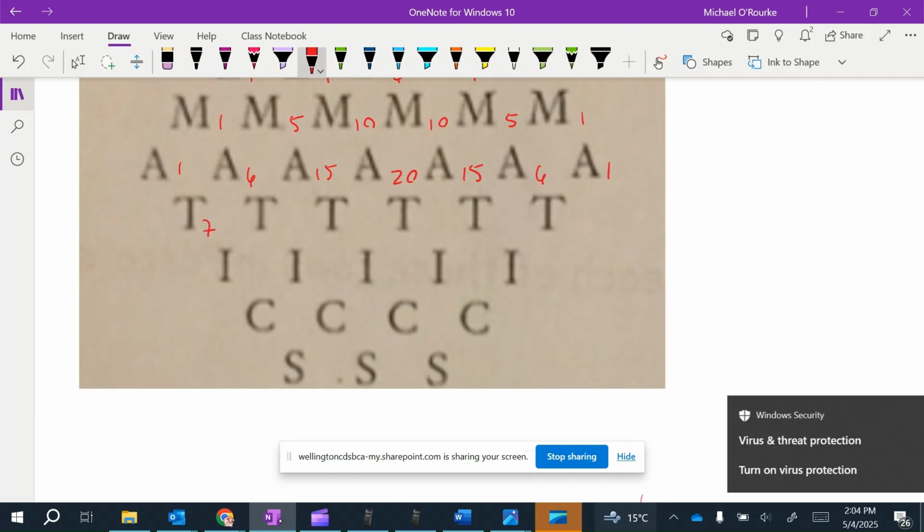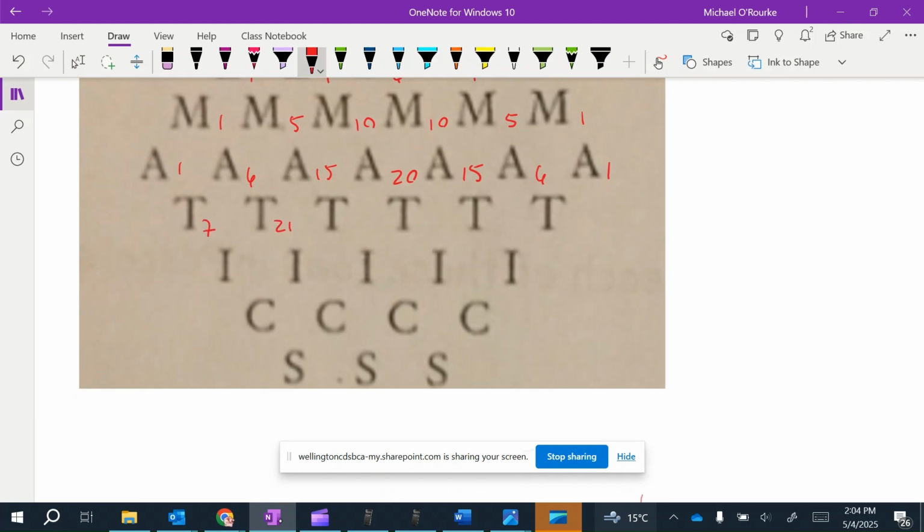So we're going to have 7 here, 21, 35, 35, 21, and 7. Here's going to be made this way, which is going to be 28. That's going to be 56, 70, 56, 28.